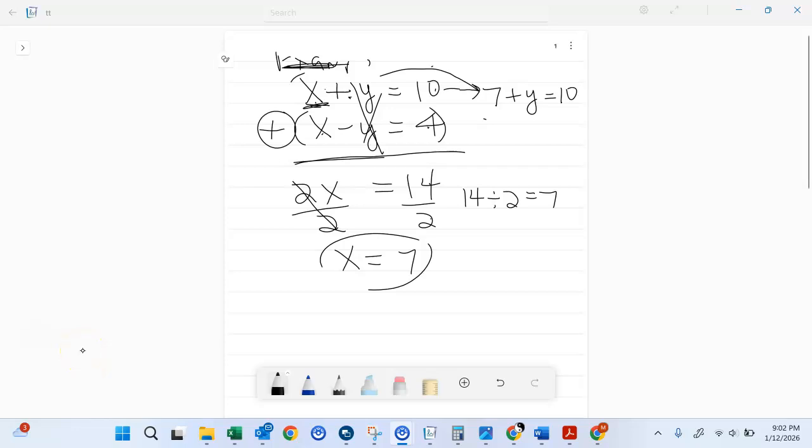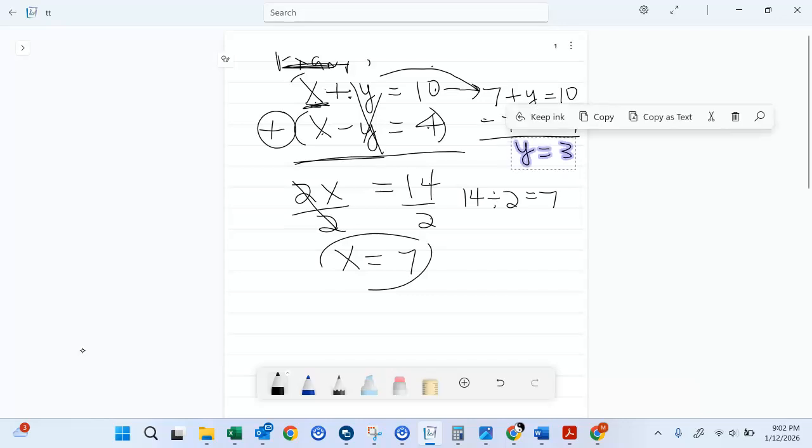So minus 7, I get y is equal to 3, okay? So that means now I've got y. So the solution would be x is 7, comma, and then y is 3.